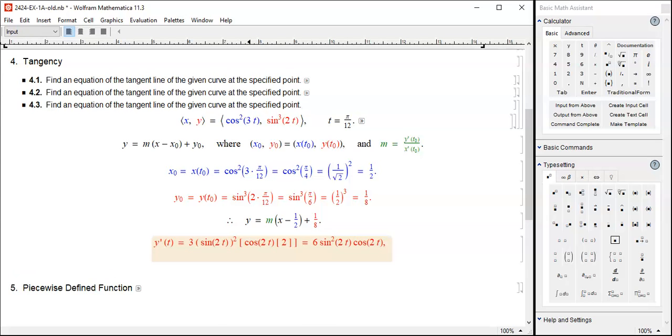Okay, all right. So what's m? M is gonna be, you have to plug in t0, this one. So this computation you just did, and you have to plug in t equals pi over 12.